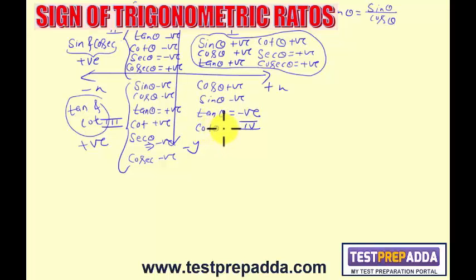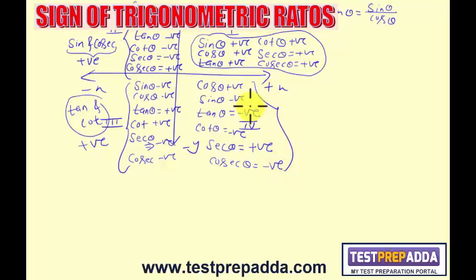And cot. Cot is the reciprocal of tan. If tan is negative, cot will also be negative. Now sec. Sec theta is reciprocal of cos. Cos positive, so sec will also be positive. And cosec, since sine is negative, cosec will also be negative.